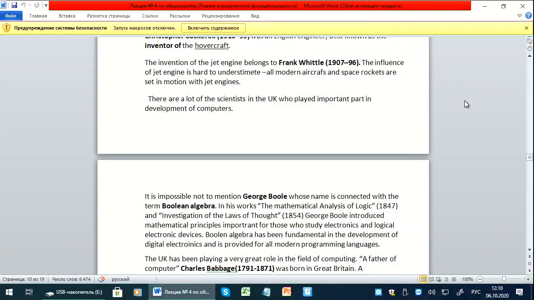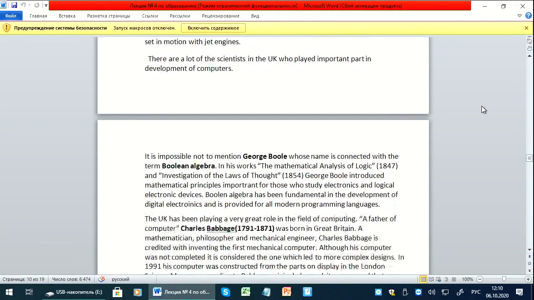The UK has been playing a very great role in the field of computing. The father of the computer, Charles Babbage, who lived from 1791 to 1871, was also born in Great Britain. A mathematician, philosopher, and mechanical engineer, Charles Babbage is credited with inventing the first mechanical computer.